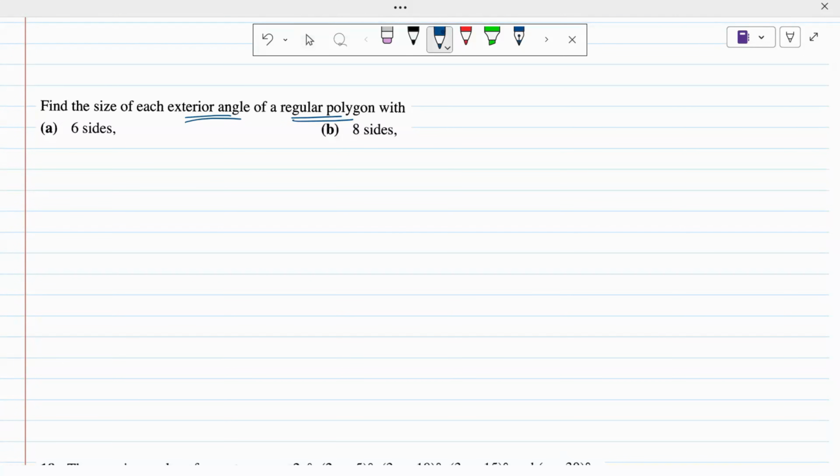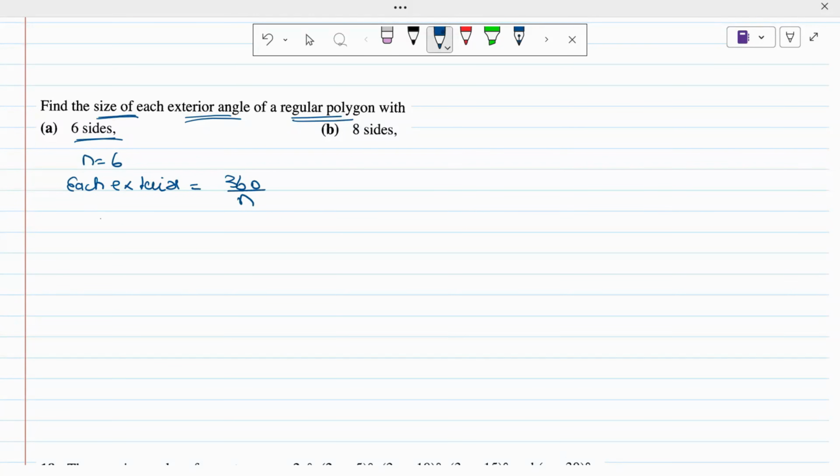Since it's about the exterior angle of a regular polygon, we have to start with the exterior angle formula. Because here again, we have to find the size of each. So here the number of sides is given. So n is equal to 6, and we have to find each exterior angle. The formula was each exterior angle is equal to 360 upon n.